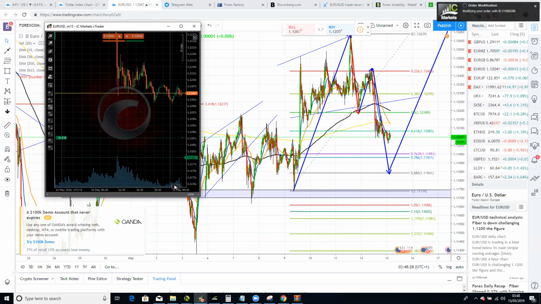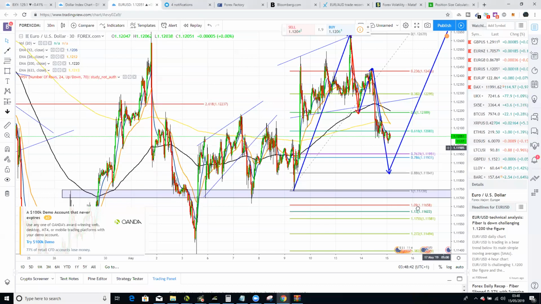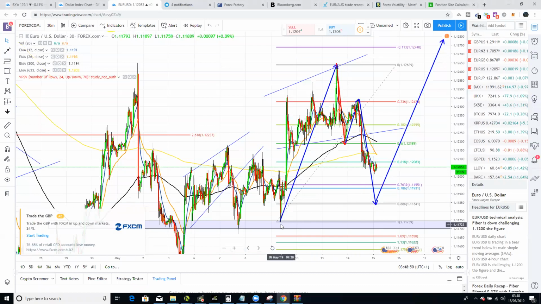And then my target, however, will now be measuring the whole length of this C to D point, which hasn't really gotten there in this case.